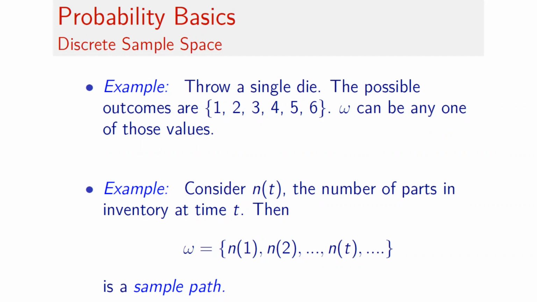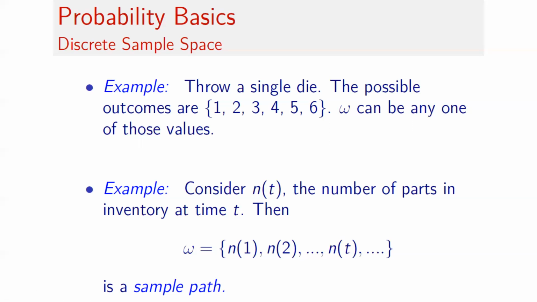On the other hand, if we translate this knowledge about probability to a flexible manufacturing system, we can think that N of T is the number of parts in inventory at time T. Then lowercase omega has values that can be the number of parts, for example, at time 1, time 2, time 3, and so on.